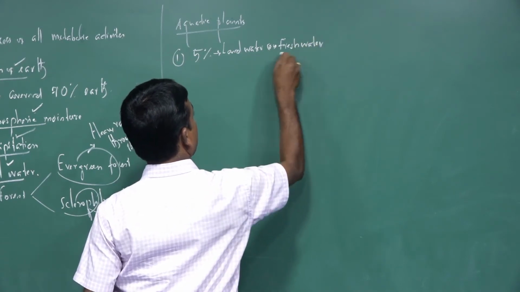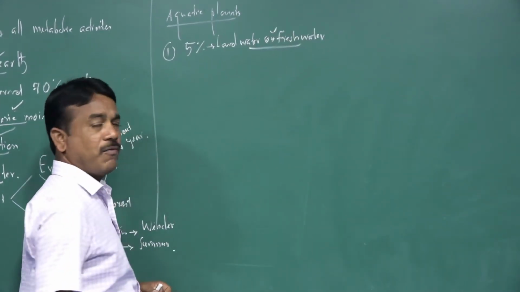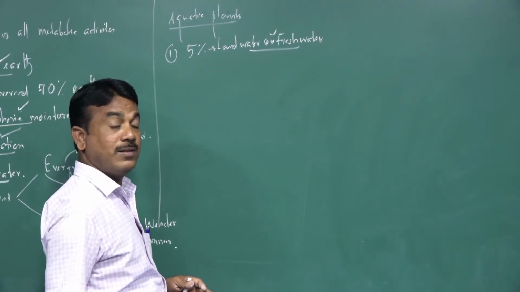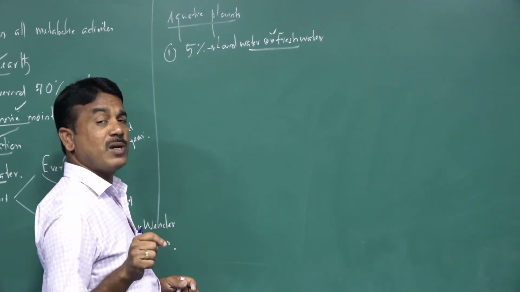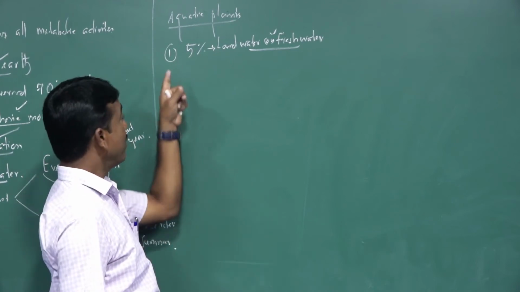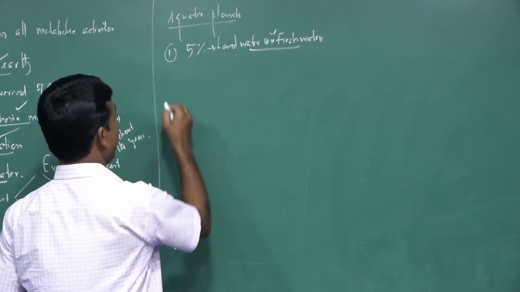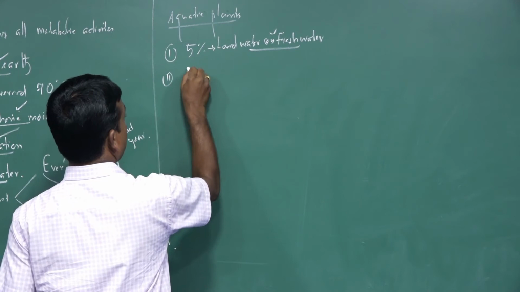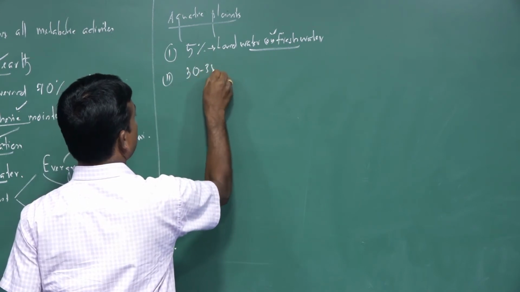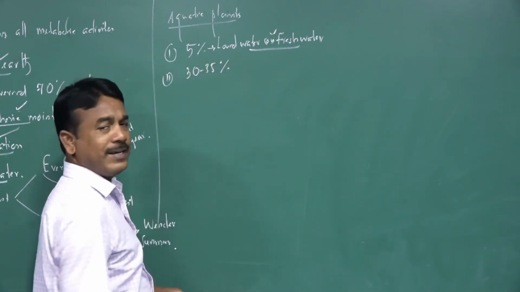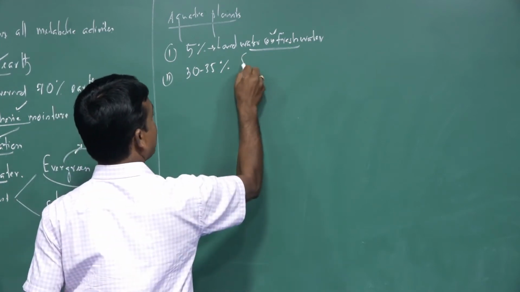Every day we consume fresh water, and how much salinity does it have? 5%. Then 30 to 35% salinity occurs in seawater.